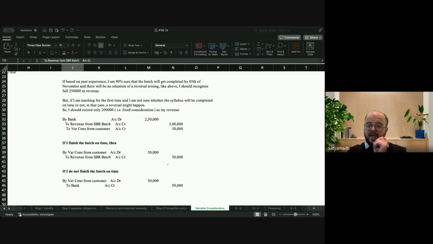So, as per IFRS 15, if I have sold goods with a right to return, and based on past experience, I know that a certain percentage of goods are going to be returned in any circumstance, then I should not recognize that as revenue and keep it parked in a separate account called variable consideration from customer.